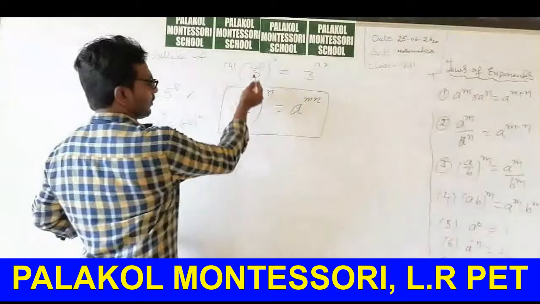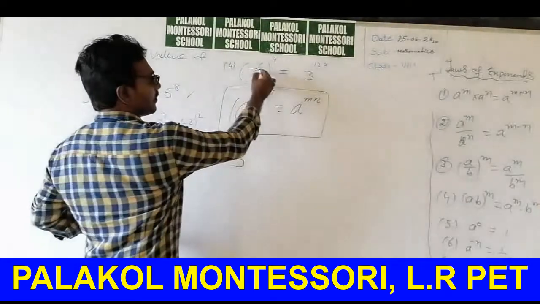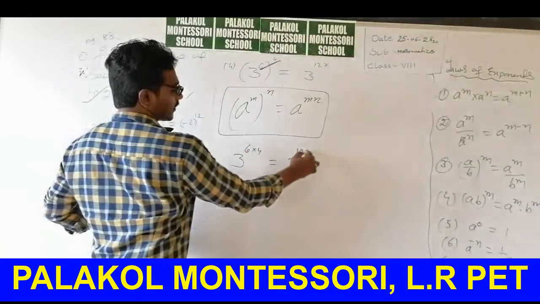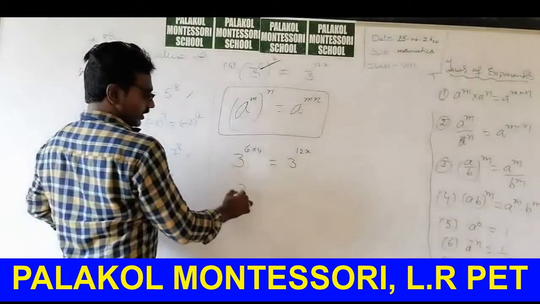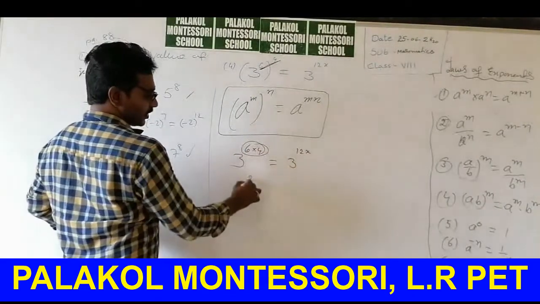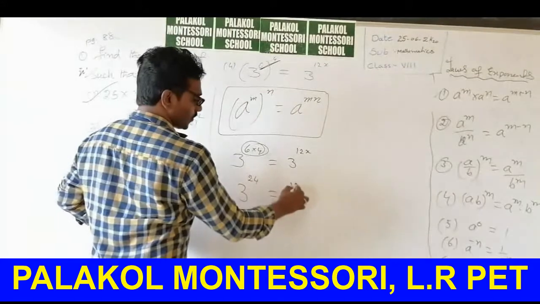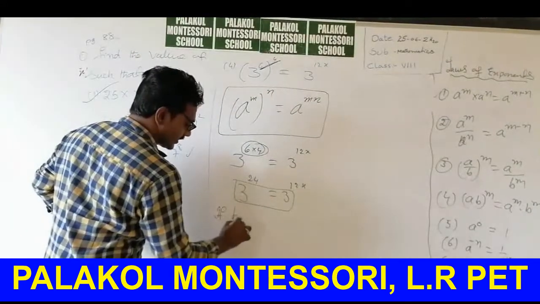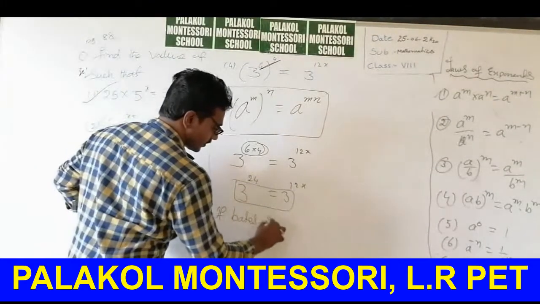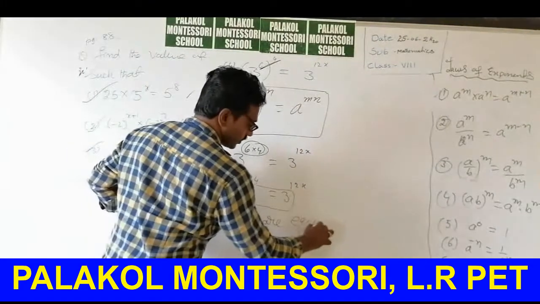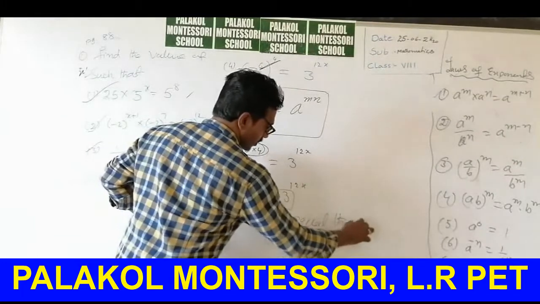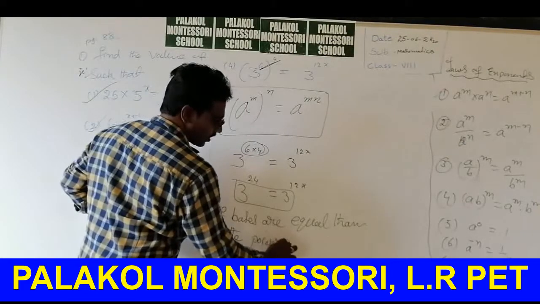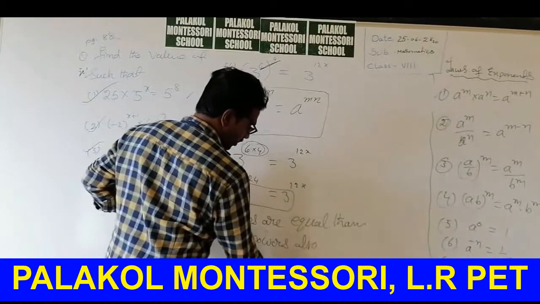The same formula here, base is 3. The powers 6 into 4, 6 fours are 24, equal to 3 power of 12x. Bases are equal. If bases are equal, then the powers are also equal.